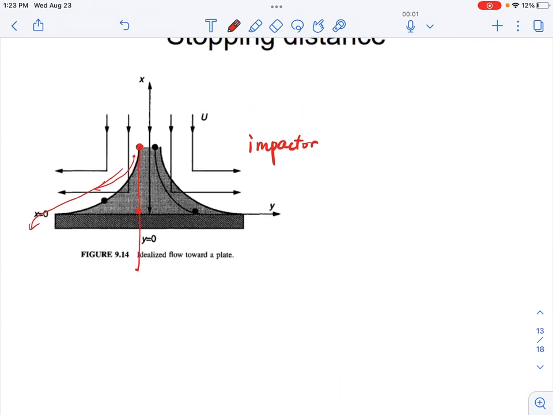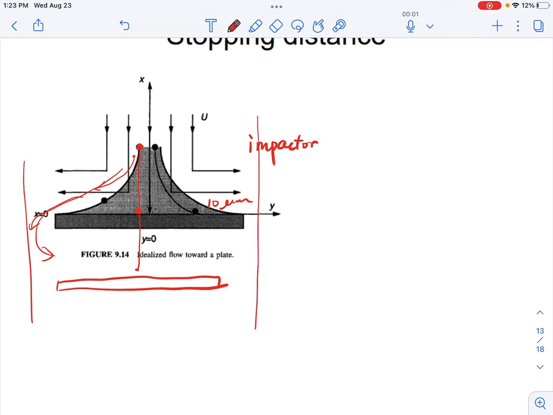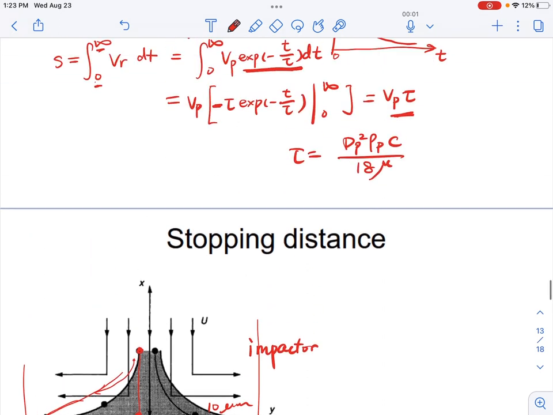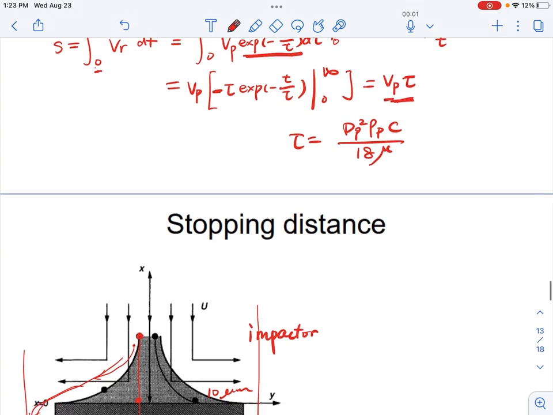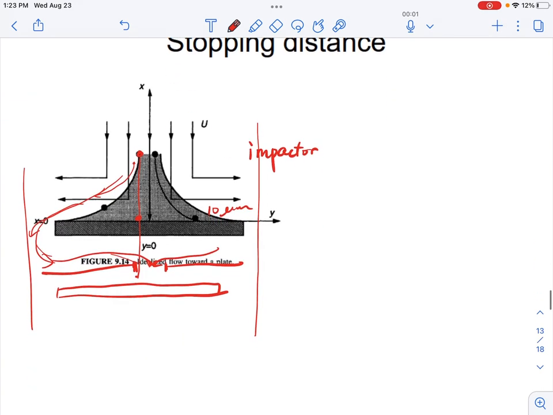We can use these impactors in stages to collect particles of different sizes. For example, let's assume this stage is collecting 10 micrometer particles. We can put an enclosure outside the impactor and make the flow go through another nozzle, with a larger speed, basically narrowing the nozzle, so the smaller particles can collide onto the stage.